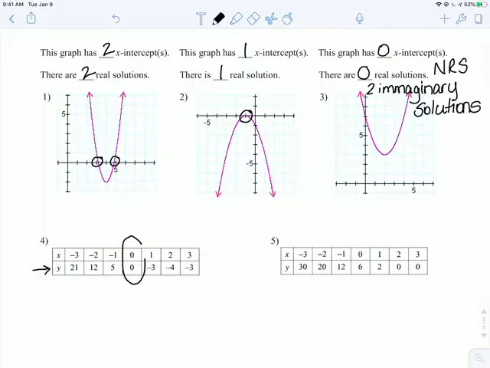And then that's going to give you your x-intercept. Again, in number 5, look at your y values at where y is equal to 0, and that's going to give you your x-intercepts. So this one has one real solution, and this one has two real solutions.